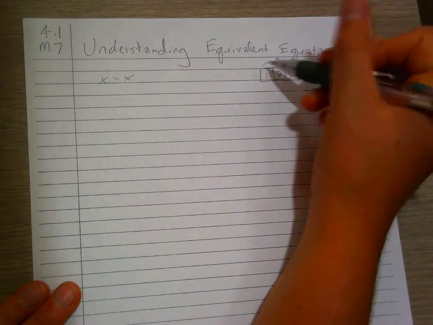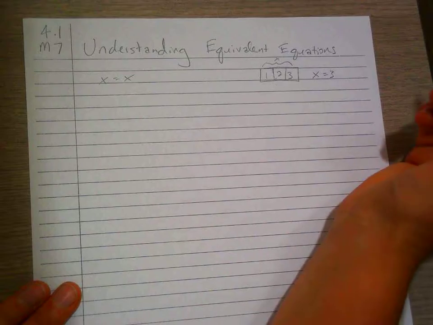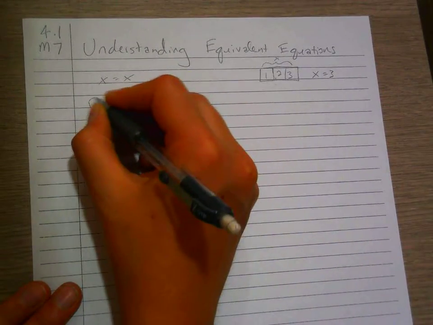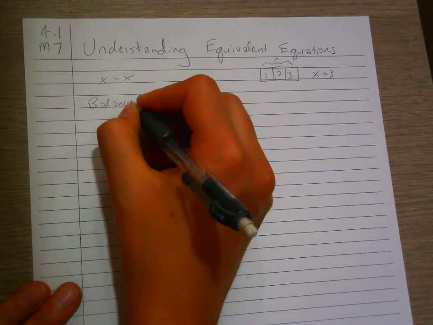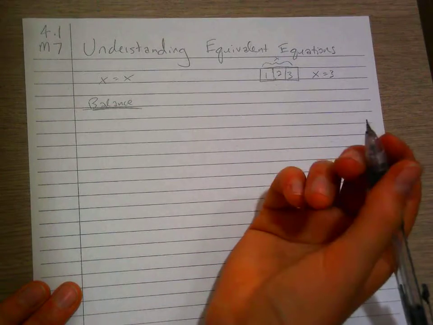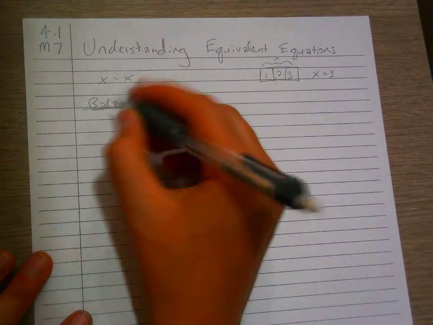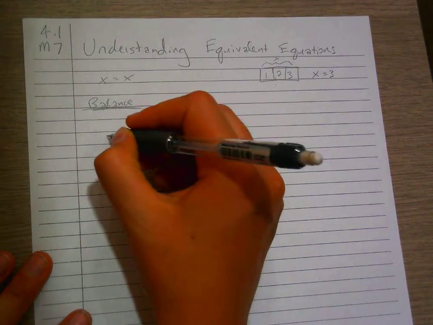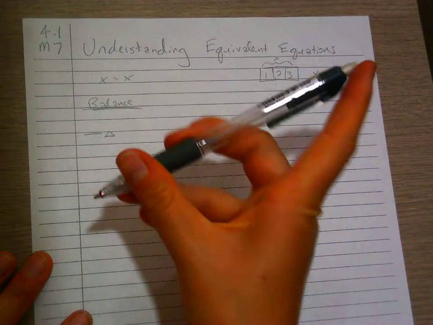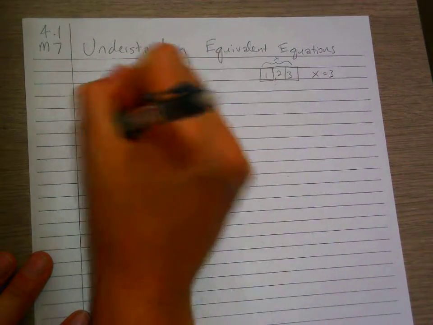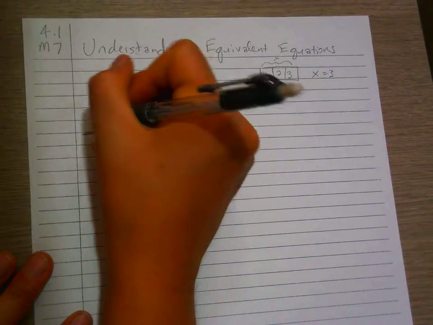They're equal. So we can draw this in a balance, because let's say on one side of the balance, we have that whole bar of x, the whole thing here.